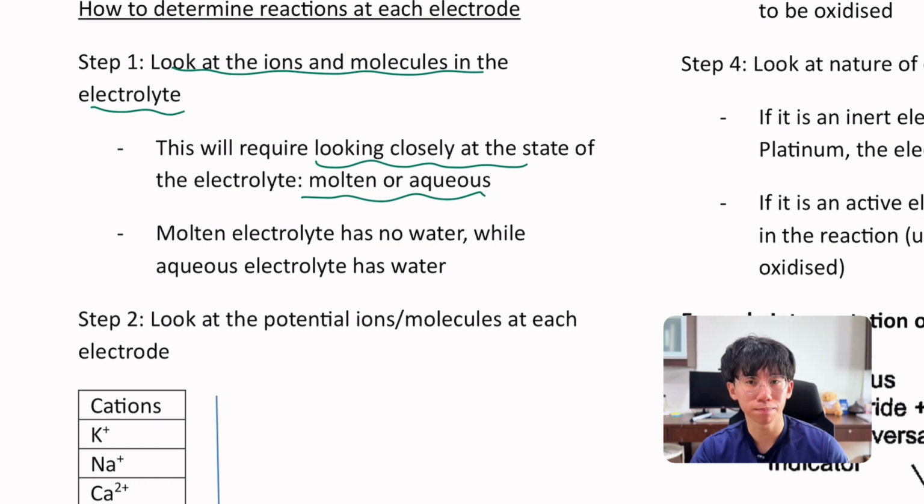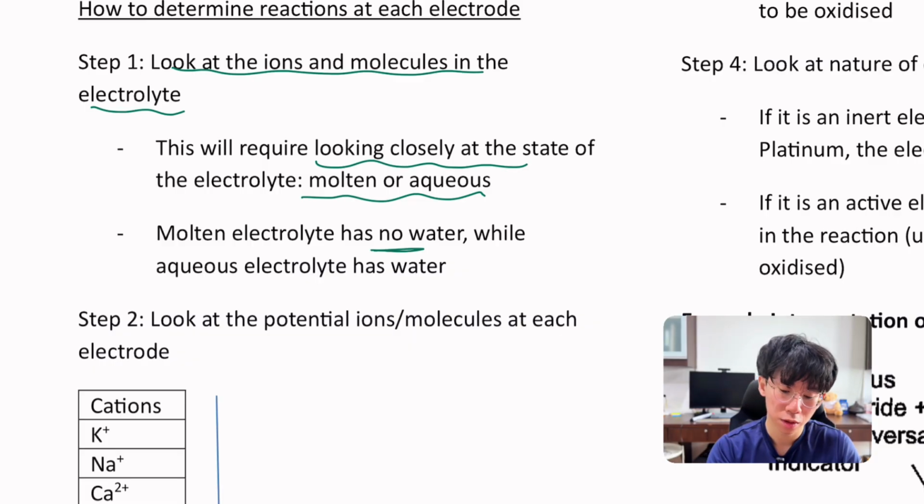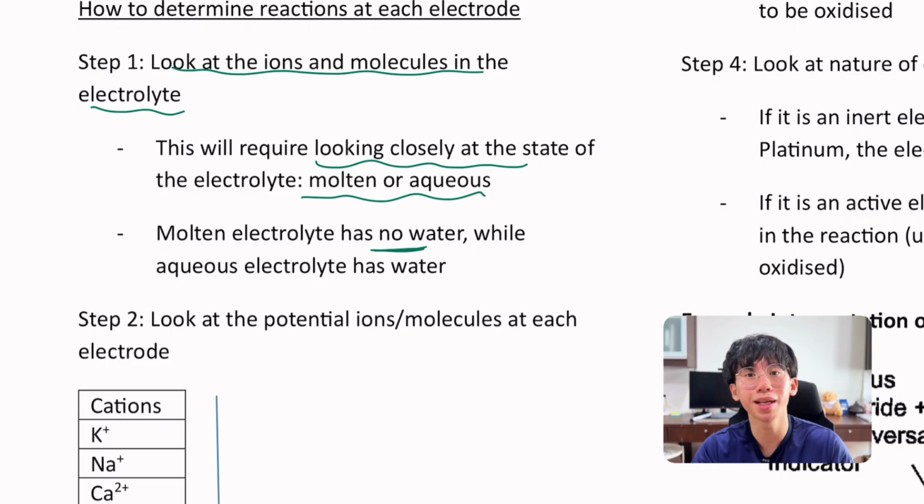If it is molten, that means the electrolyte is in a liquid form instead of an aqueous form, which will also mean there is no water involved. With no water, you only have the ions mainly in liquid form to be electrolyzed. This will also mean the molten electrolyte has no H+ and OH- ions because there is no water, unless, of course, the electrolyte itself has the H+ ions or OH- ions.